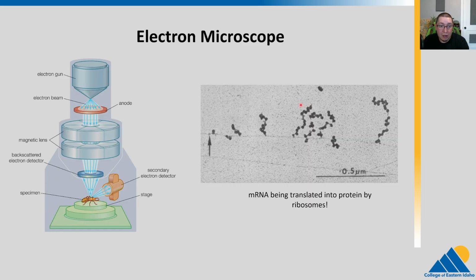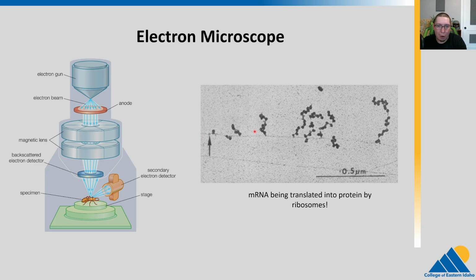Electron microscopy can magnify things so much, though, that we can actually start to see molecules. That's where it gets really cool. Here is an image with, right here, this little line here, that is an mRNA. And these little balls here, these are ribosomes that are translating this, and then these are amino acids that are coming off of that.